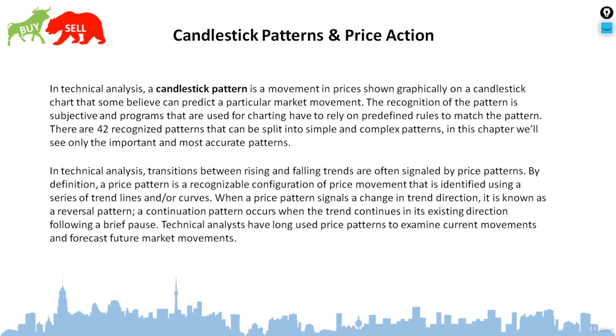The recognition of the pattern is subjective, and programs that are used for charting have to rely on predefined rules to match the pattern. There are 42 recognized patterns that can be split into simple and complex patterns. In this chapter, we'll see only the important and the most accurate patterns.